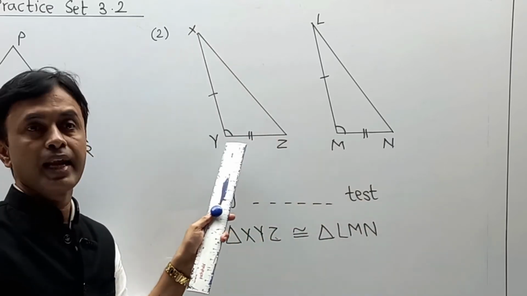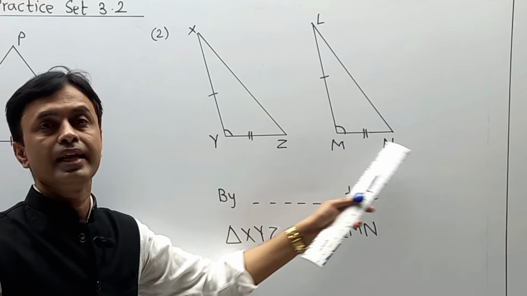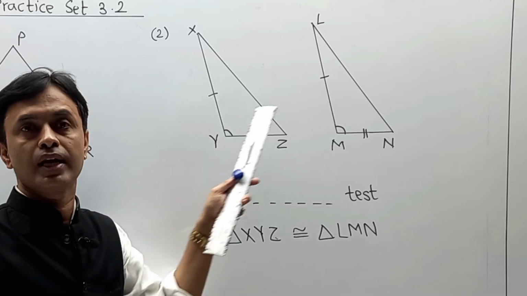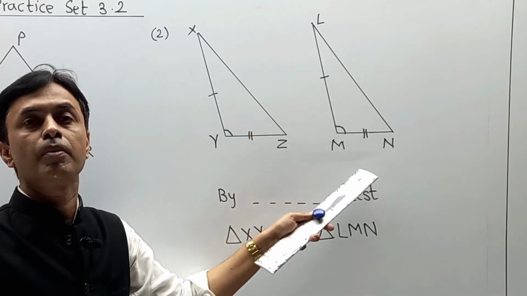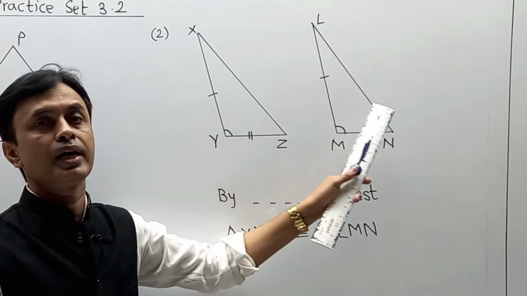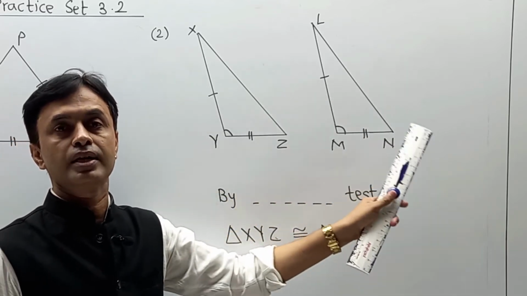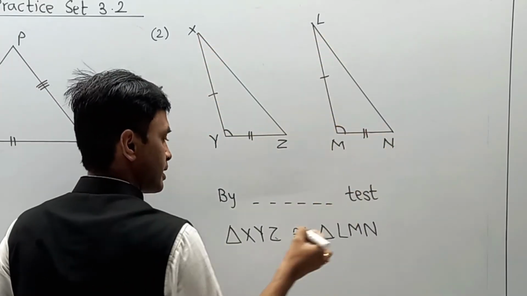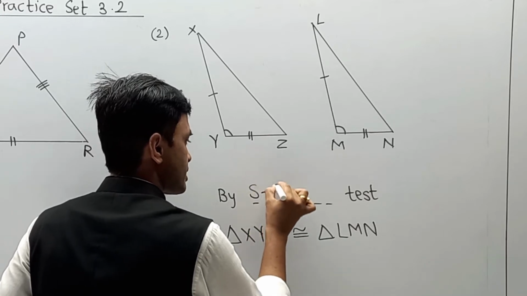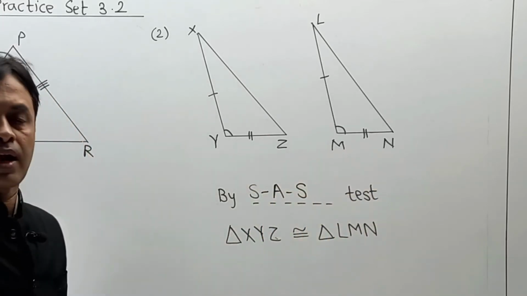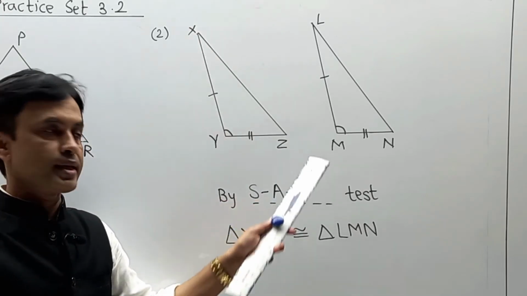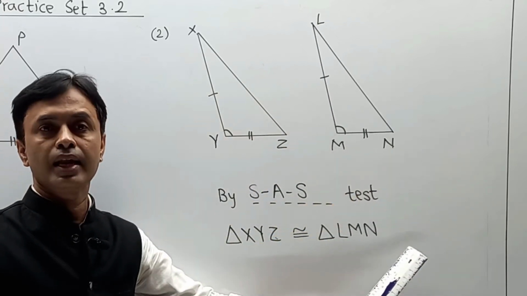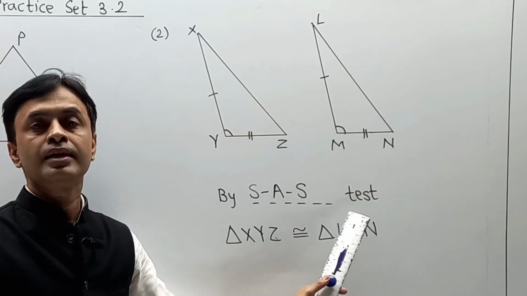Naturally, side, angle, side means two connected sides and the common angle between them of the first triangle are congruent with two connected sides and the common angle between them of the second triangle. Naturally, the first triangle is congruent with the second triangle by the SAS test of congruency. So triangle XYZ is congruent to triangle LMN by the side angle side test of congruency.